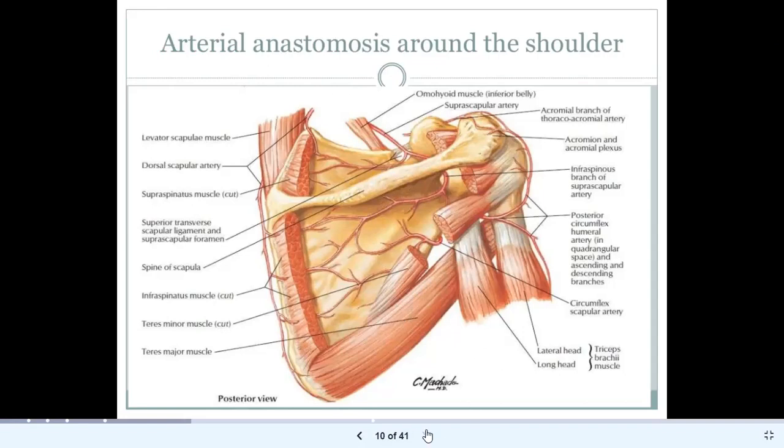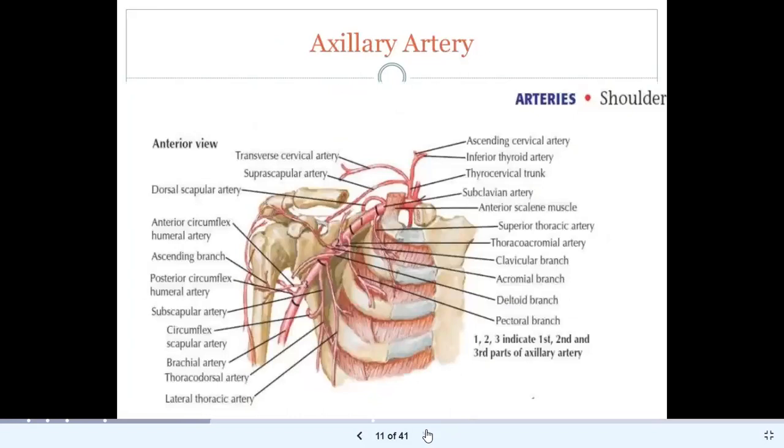Okay, so we already talked about the axillary artery, so there would be no need to talk about it anymore. Okay, here we can see the transverse cervical artery from this diagram. So this is the transverse cervical artery, which is from the subclavian artery.